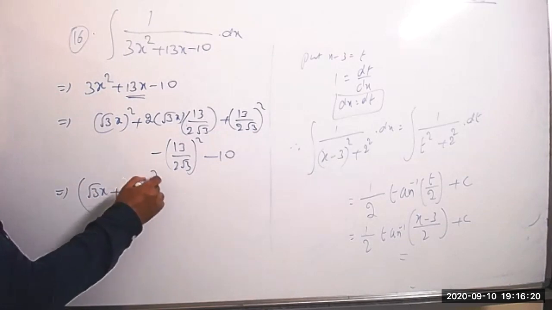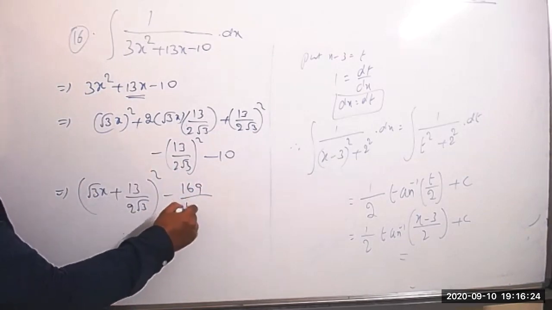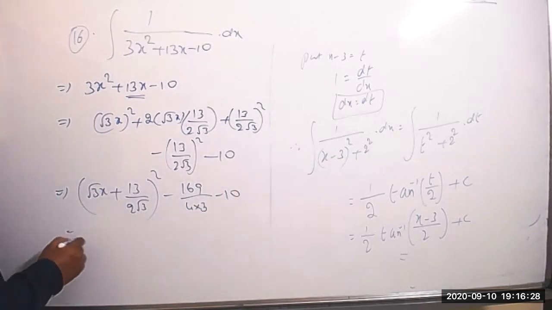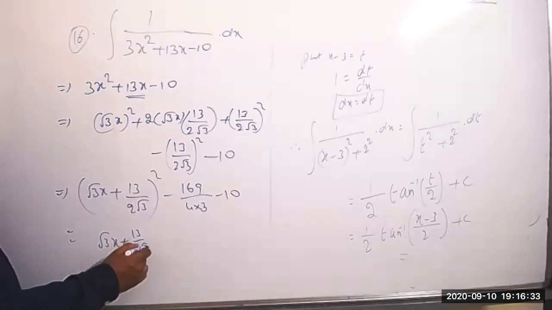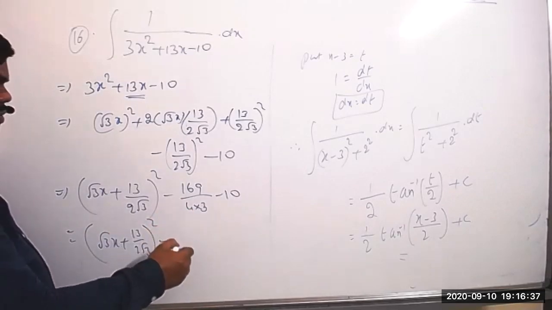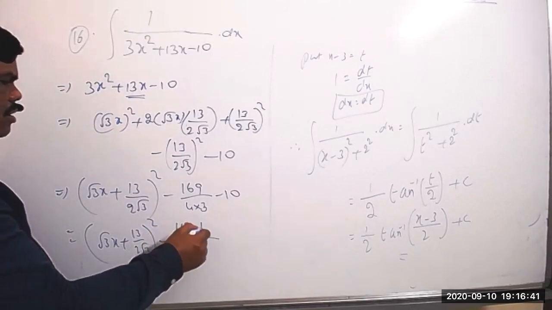Minus, clearly we can write 169 by 4 into 3, minus 10. If you take the LCM 12, it is 169 minus 120.